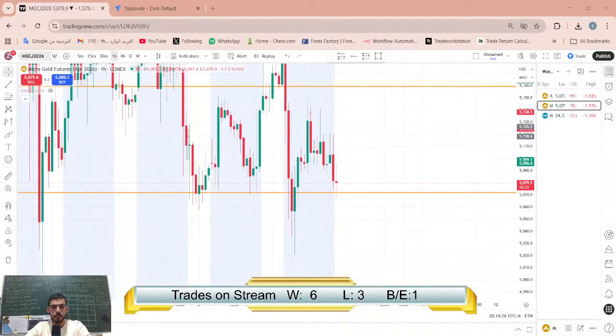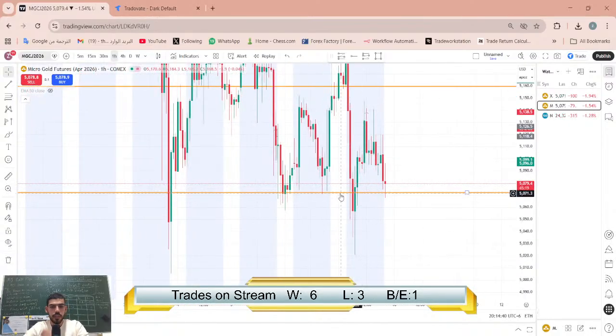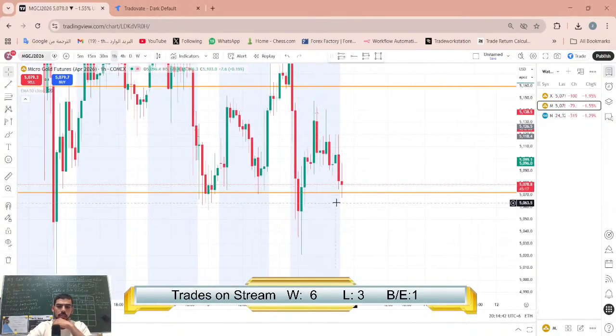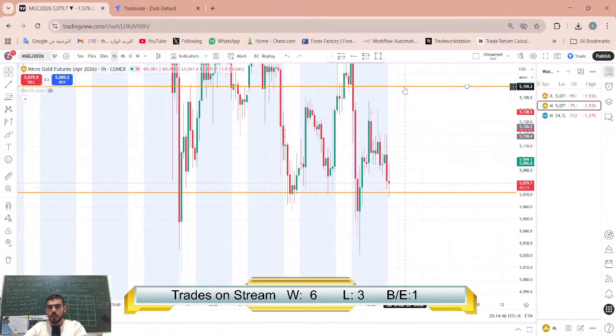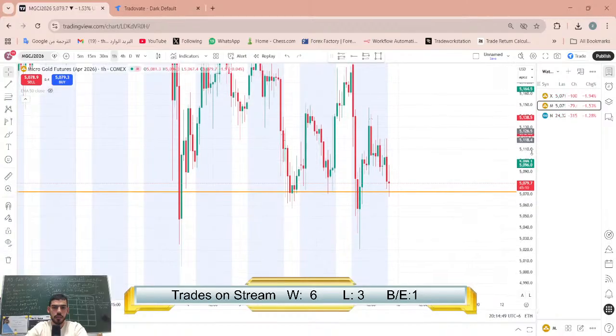Let's check. So on the 1 hour time frame, we can see here clearly that gold is rejecting from this area right here. Gold is clearly rejecting.